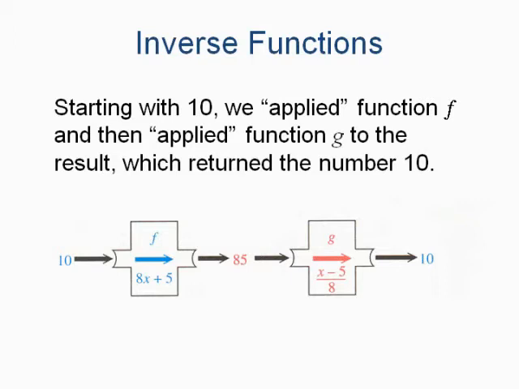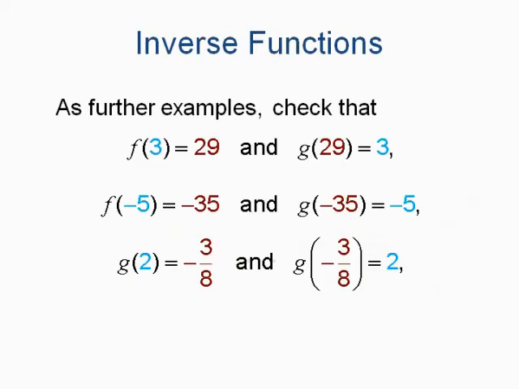So starting with 10, we applied function f and then applied function g to the result, which returned the number 10. So look, we got a little flow chart here. We took 10, plugged it in f, got 85, plugged 85 in for g, and got 10 back. I like that little machine-looking thing there. That's pretty cool.